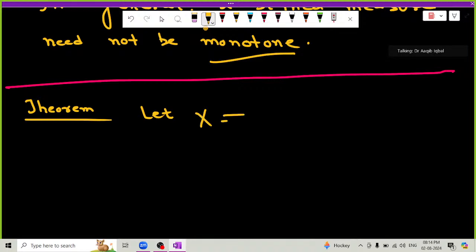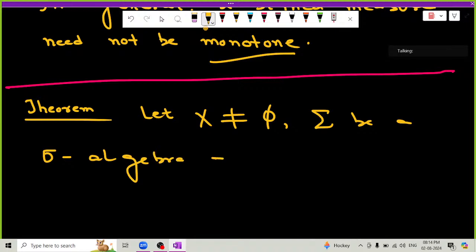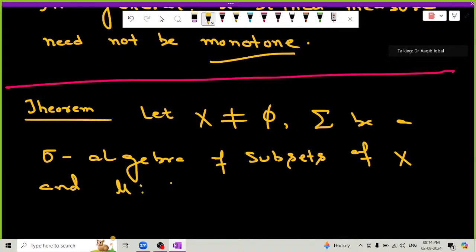Let X be a non-empty set, comma, Sigma be a sigma algebra of subsets of X, and mu from capital Sigma into minus infinity to plus infinity be a signed measure.